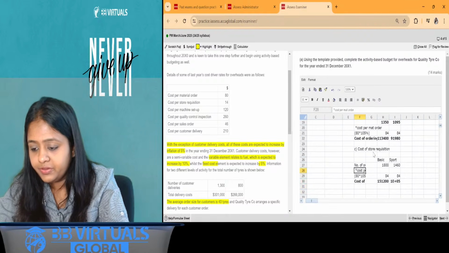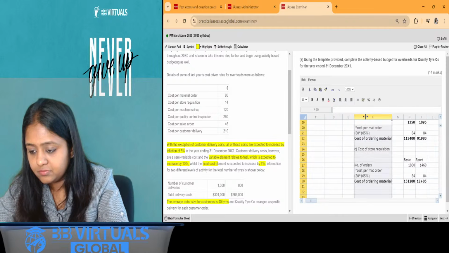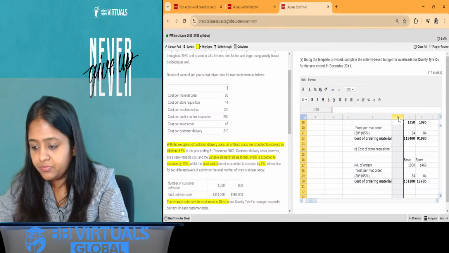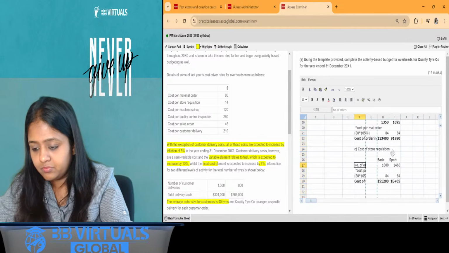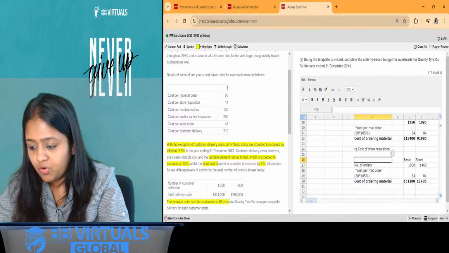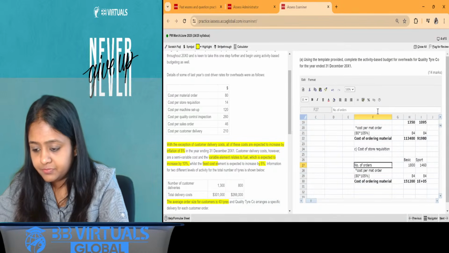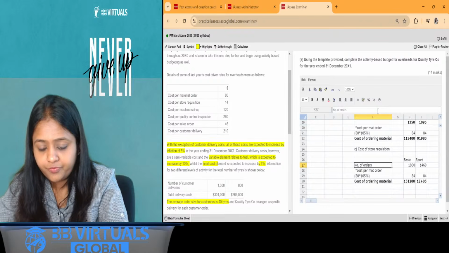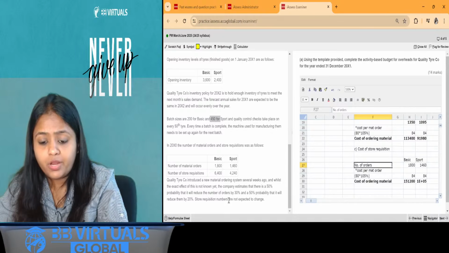Okay, now here, what is the cost of order? No, it is the cost of requisition. I will just edit this. Look at the question. It says there is no change in store requisition numbers.